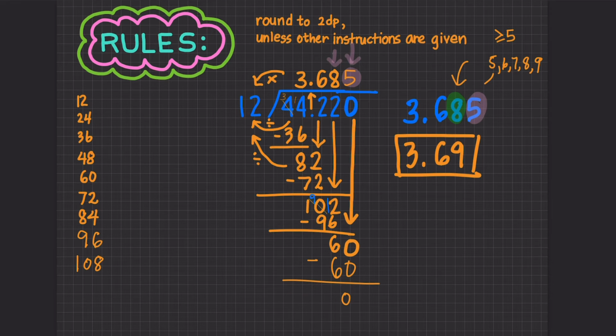Every time the next digit is greater than or equal to 5, meaning 5, 6, 7, 8, 9, this rounds up. If it is less than 5, this remains the same. So let's look at the second rule.